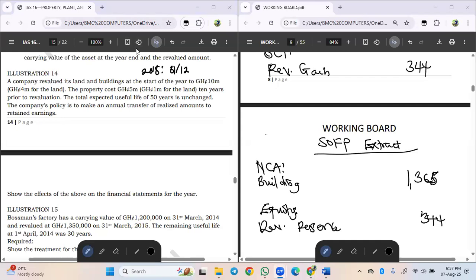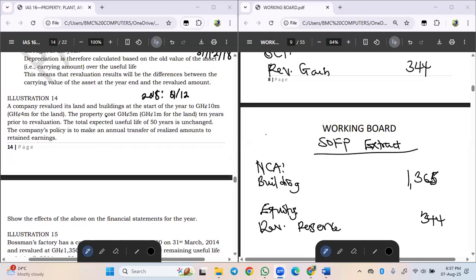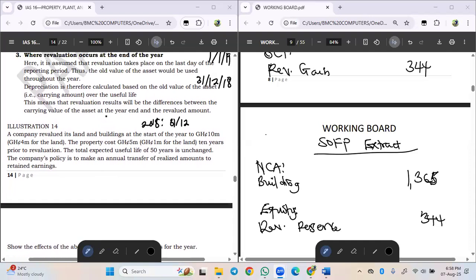With the last point, if the revaluation was done on 31st December, you're saying we'll use the historical cost, like the carrying amount? Yes, because it is assumed that the historical cost is used throughout the year.